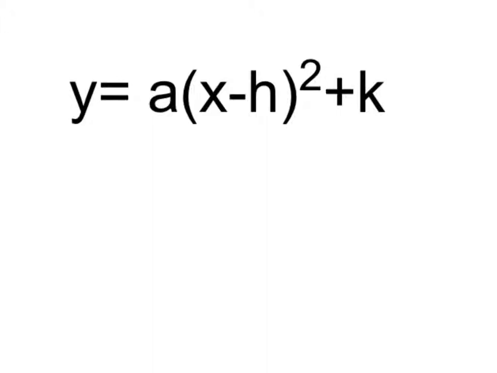So let's look at that vertex formula again. Here we go: y equals a times (x minus h) squared plus k. We just said a second ago that our k value here is the y coordinate of our vertex. And we said that this value, our h value, was the x value, except it was opposite.